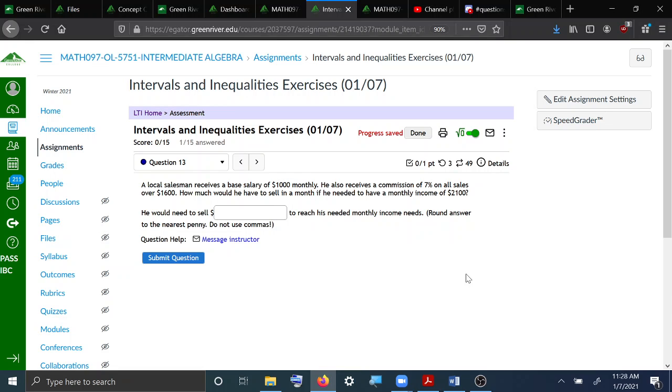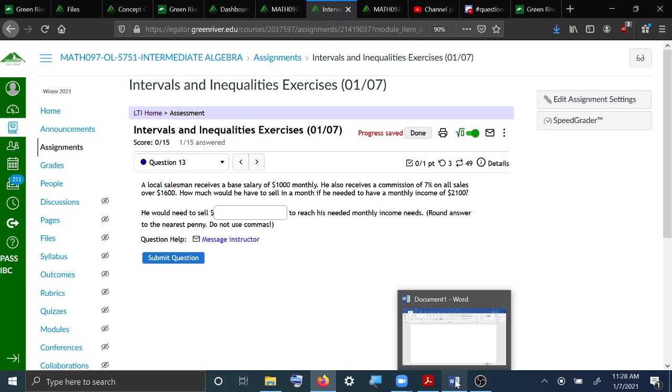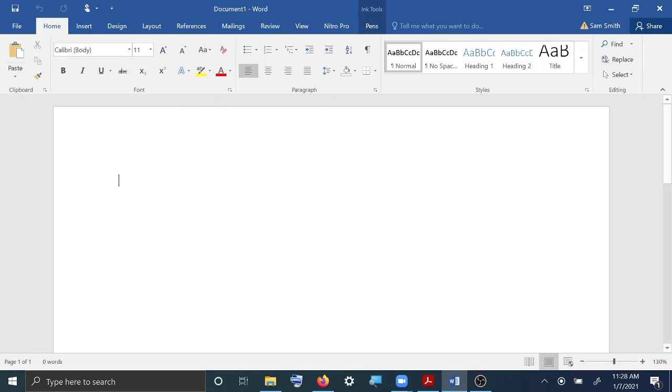In addition to that, he receives a commission of 7% on everything that he sells in excess of $1,600. How much would he have to sell in a month if he needed a monthly income of $2,100? Okay, so let me go over to my Word document so I can do some drawing.